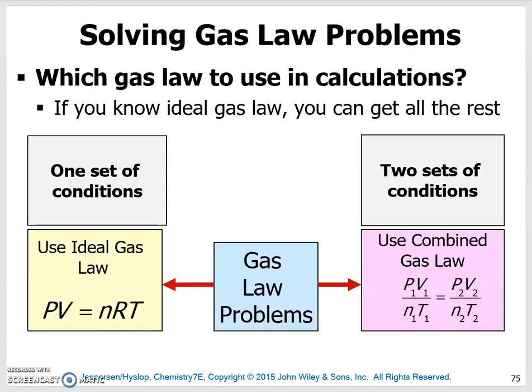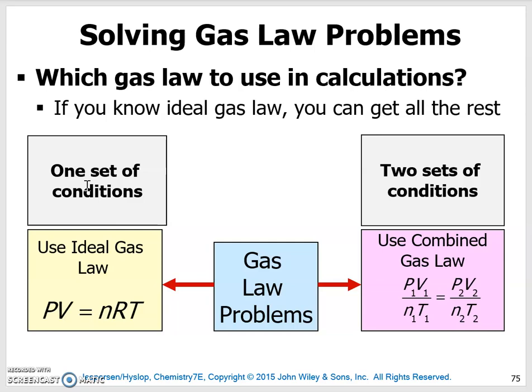Alright, just a summary of solving for gas law problems. If you're not sure which one to use, just double check what's happening in the question. So if you have one set of conditions, or you're trying to find some amount, either a volume or a pressure or moles, you're going to be using the ideal gas law.